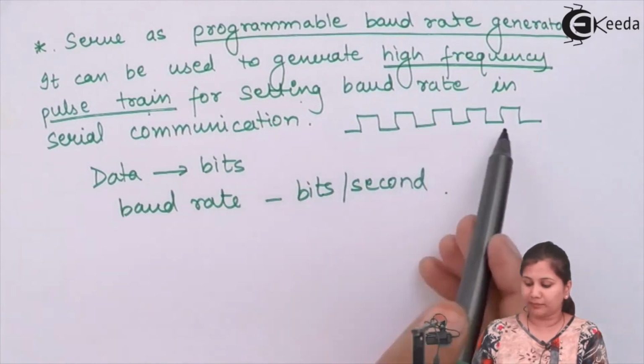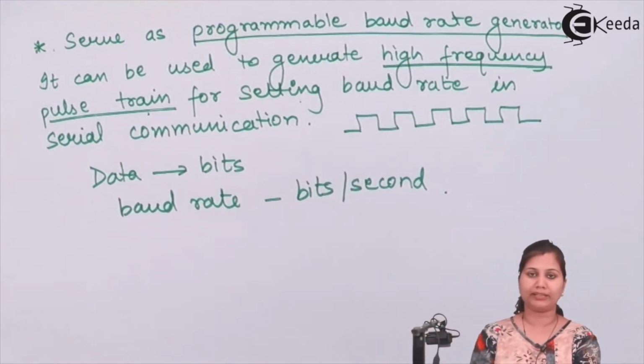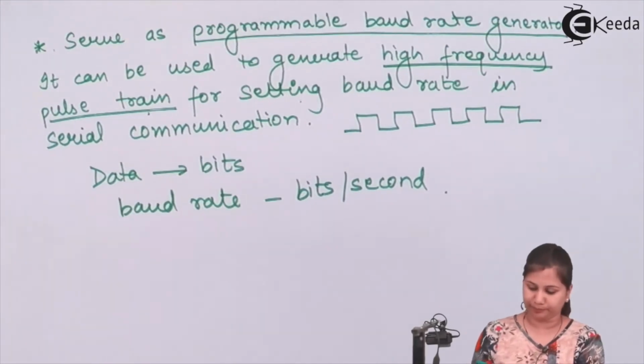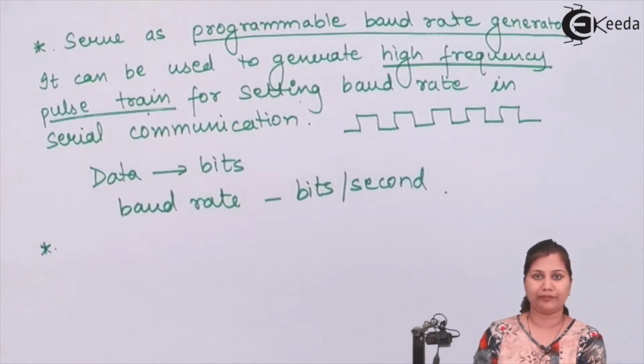This high frequency pulse train can be used for setting the baud rate, that is bits per second, in serial communication. So this was the third application of 8253.